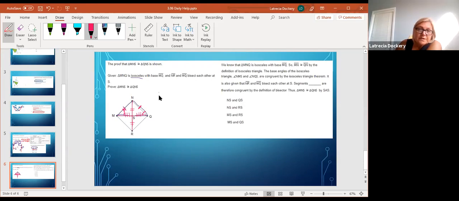Okay, our first set were NS and SR. Our second set was QS and SM. Now they could be turned around, okay? NS and SR. Okay, here's NS and RS.